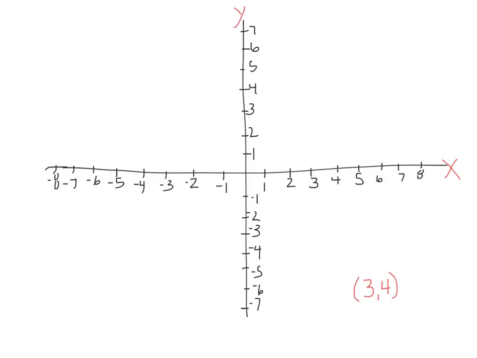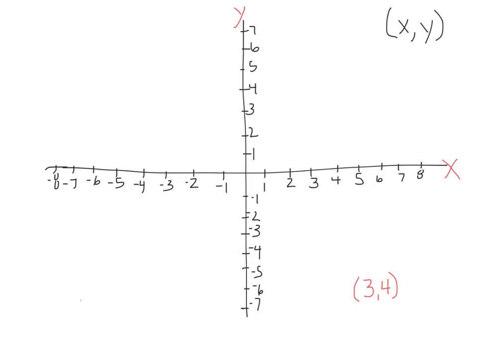I'm given an ordered pair, I always think to myself, what comes first in the alphabet, X or Y? Well, X comes first. So when I'm writing my ordered pair, it'll always be X, then Y.